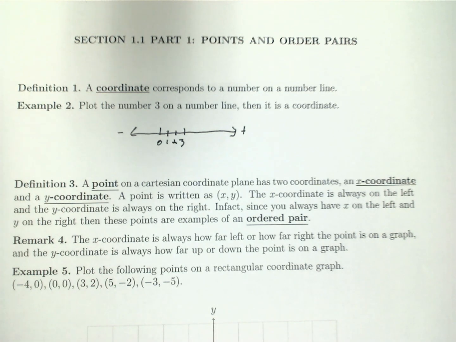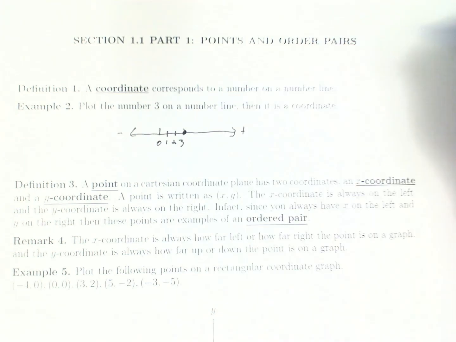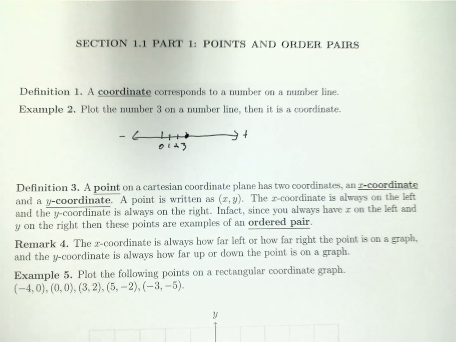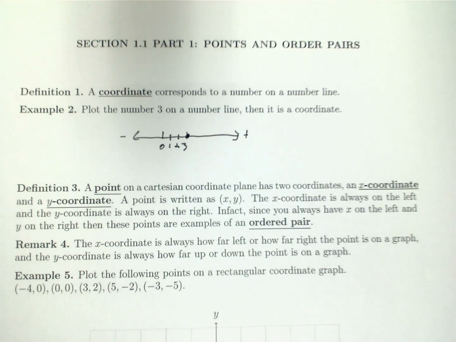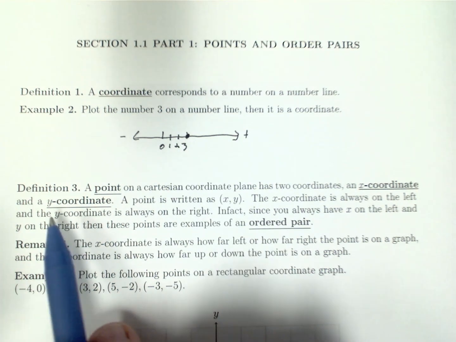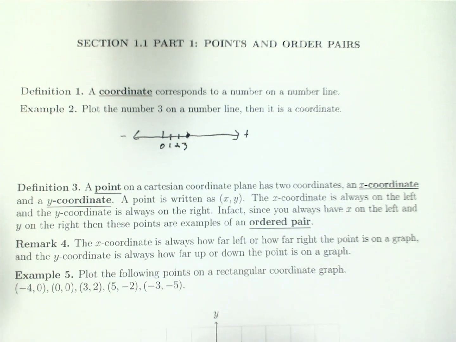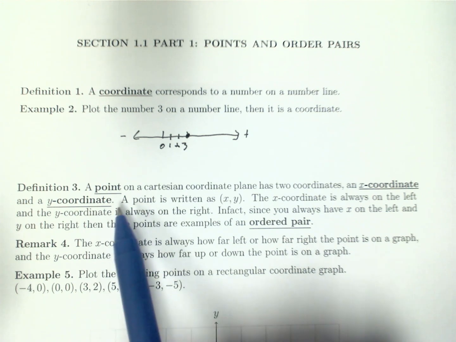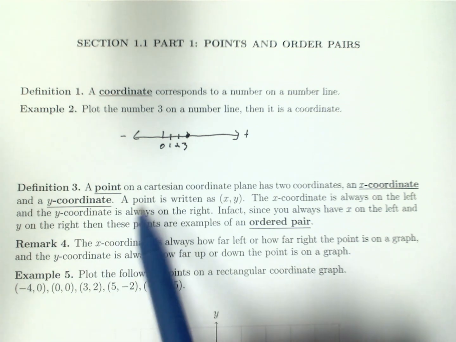So this is a coordinate. A point, however, on a Cartesian coordinate plane, so 2 dimensions, has 2 coordinates. It has an x-coordinate that corresponds to a number on one axis, and a perpendicular y-coordinate on a perpendicular axis, which we will call a y-coordinate.